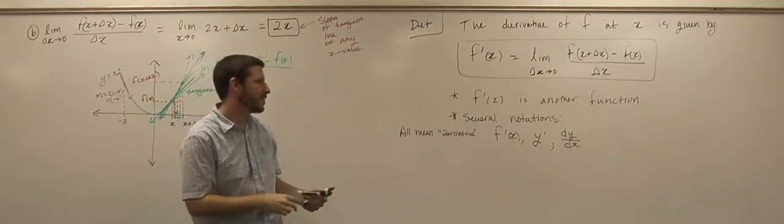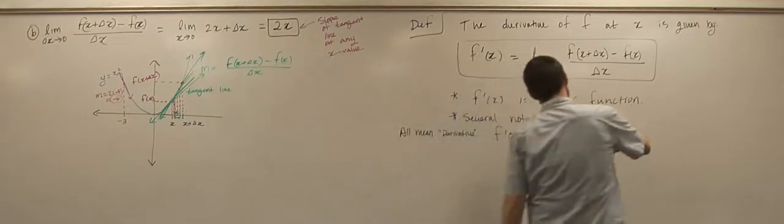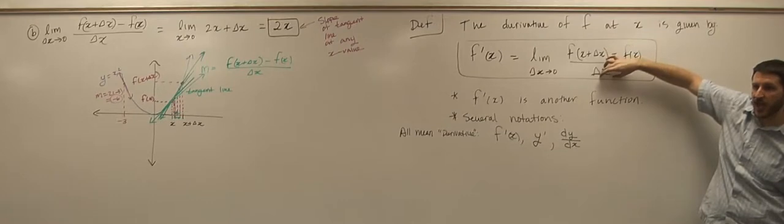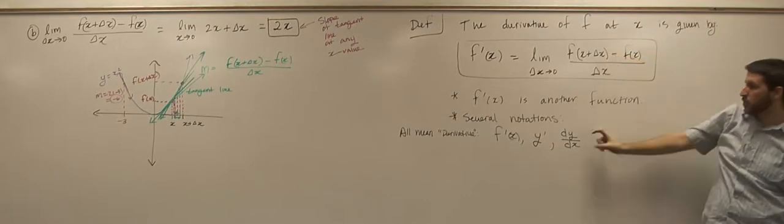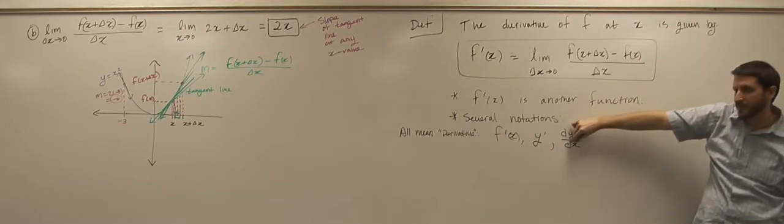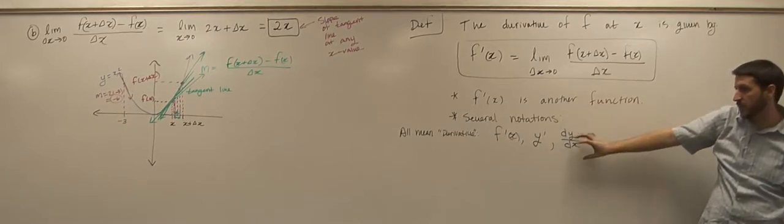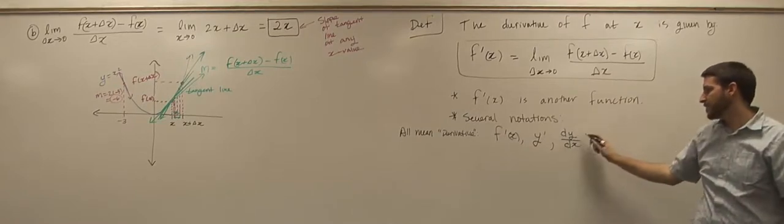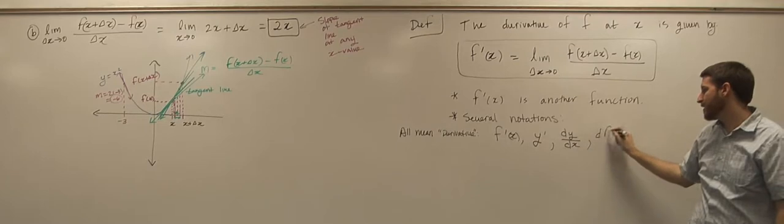The idea here is that a derivative is a change in y over a change in x. So one notation is, say, dy dx, which means the infinitesimally small change in y over the infinitesimally small change in x. So I'll use this sometimes. Again, if I like f instead of y, you might see df dx.